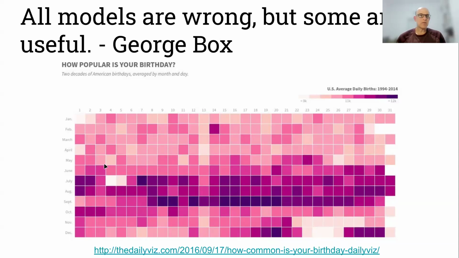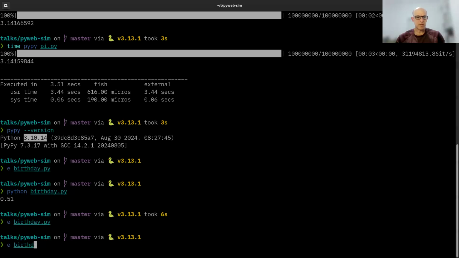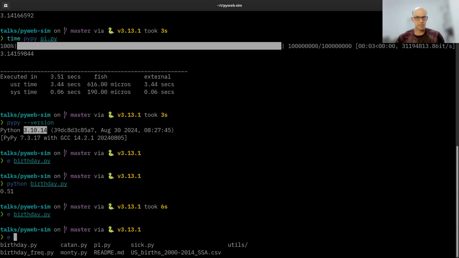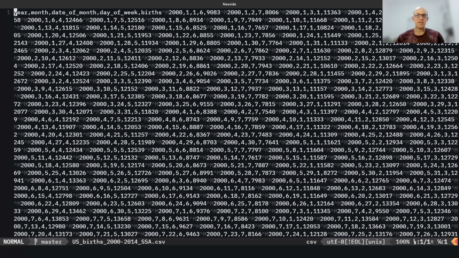So I actually took some data about birthdays in general, right? This is US birth data. There's a CSV file that gives you the birthday per file.